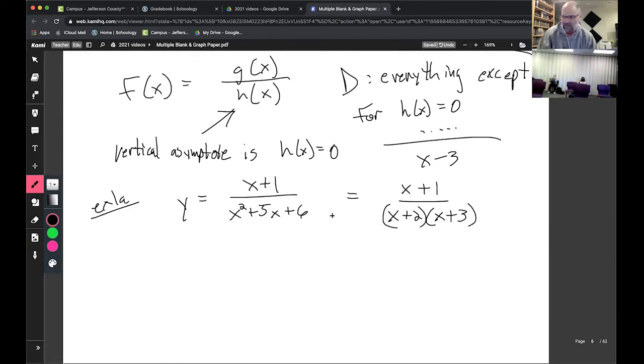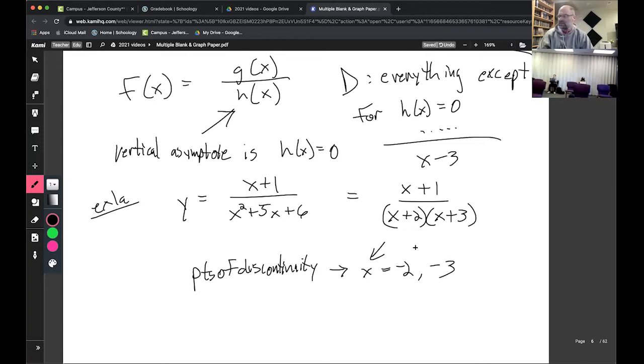Okay, so the points of discontinuity are where the denominator equals 0. So x equals -2 and -3. Okay?